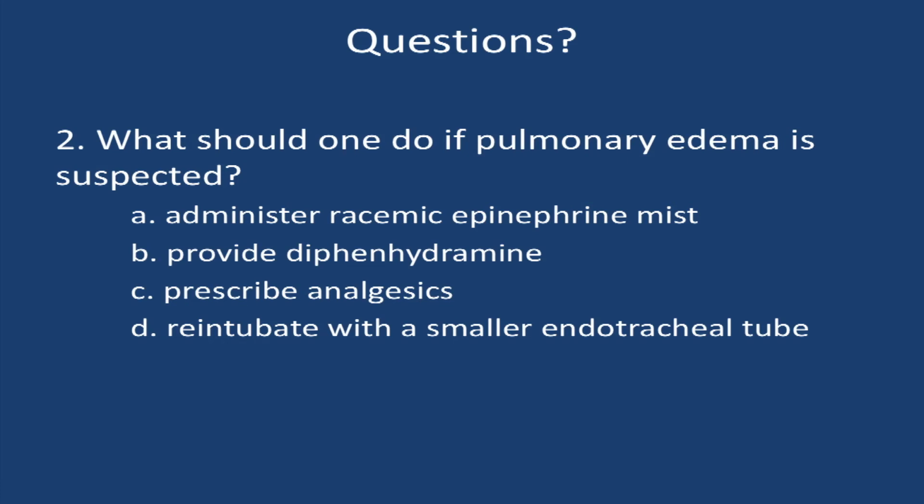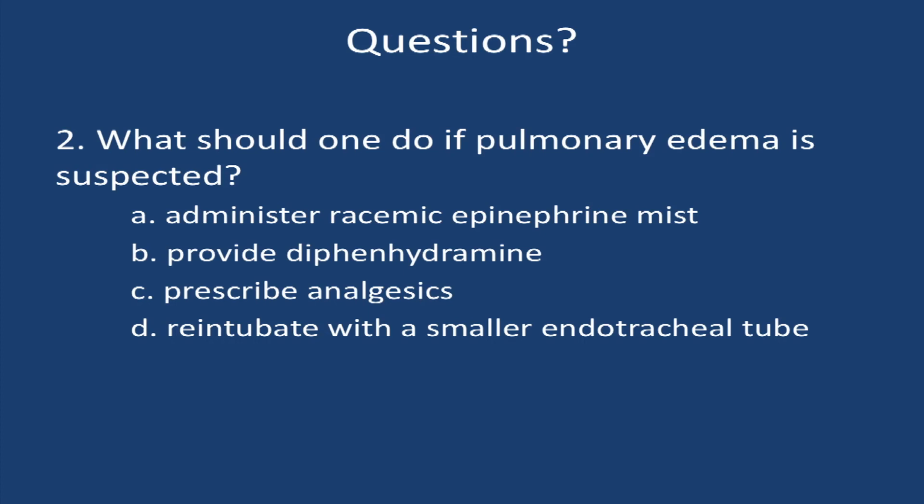If you reintubate with a smaller endotracheal tube, that might be something that you would use if you needed to reintubate the patient to sedate them and reduce the need for a larger size endotracheal tube.